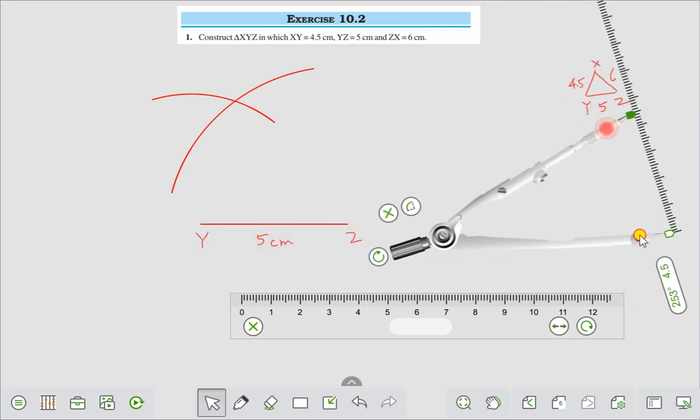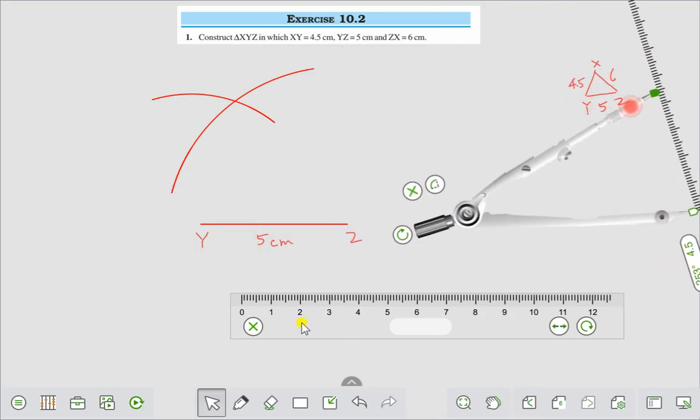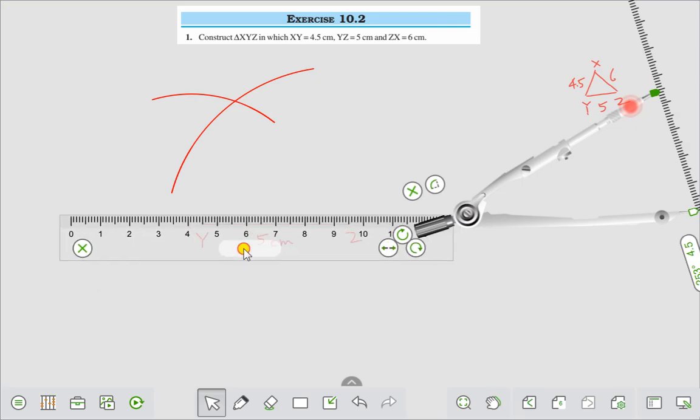Now, with the help of scale, join the line.